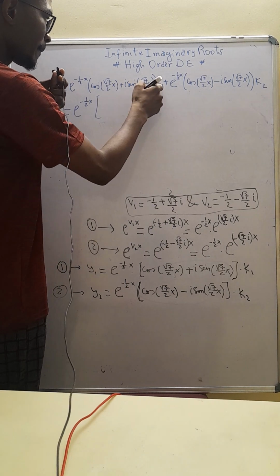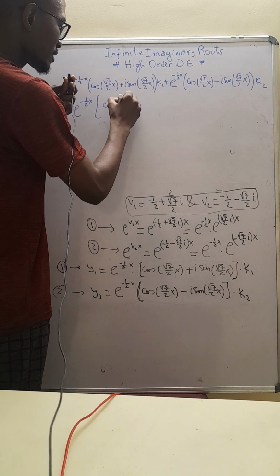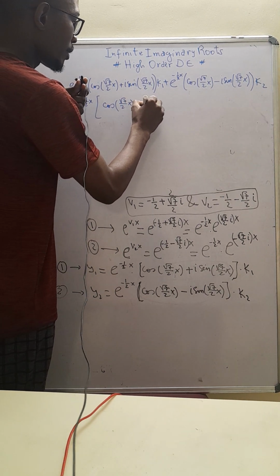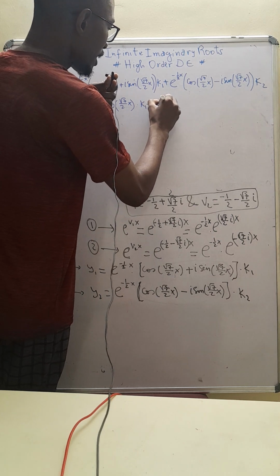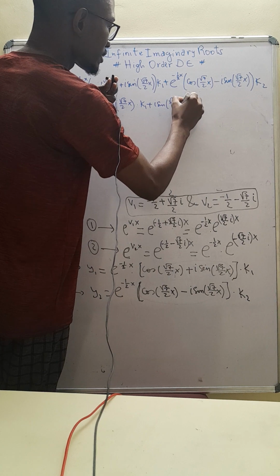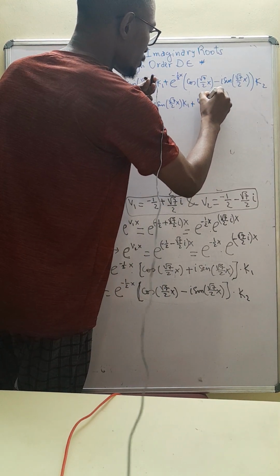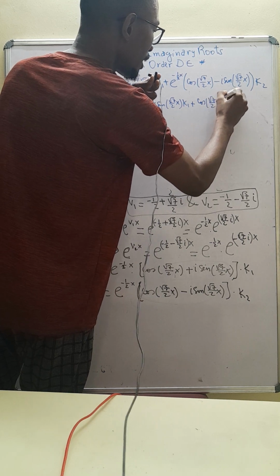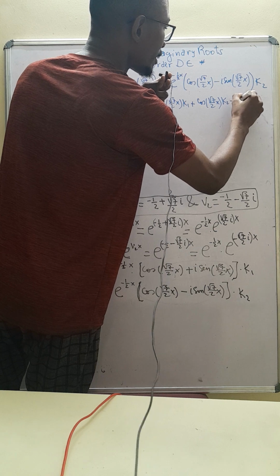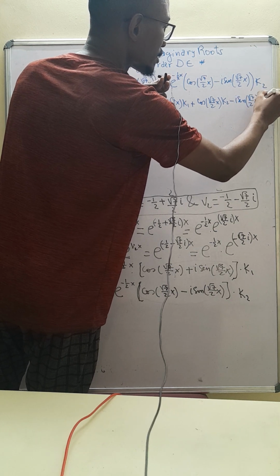So it will be cos of root 7 by 2x times Q1 plus i sin of root 7 by 2x Q1, and here plus cos of root 7 by 2x Q2 minus i sin of root 7 by 2x Q2.